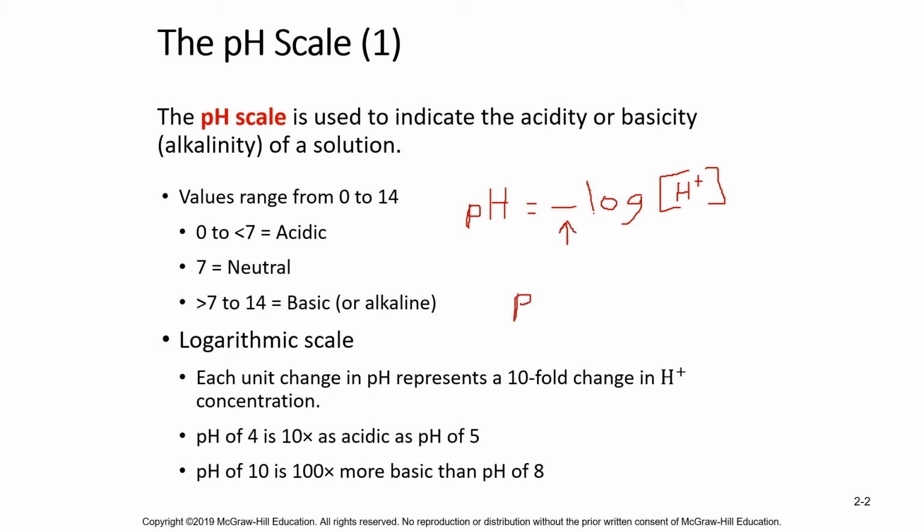So as pH goes down, the number of hydrogen ions go up, and that is acidic, or more acidic, as we go down in pH.